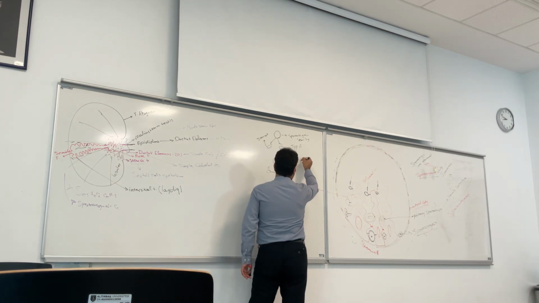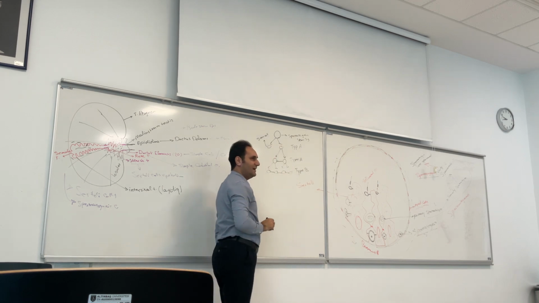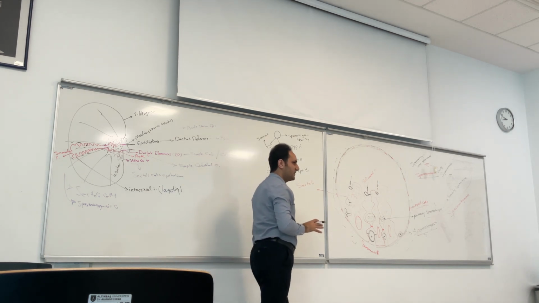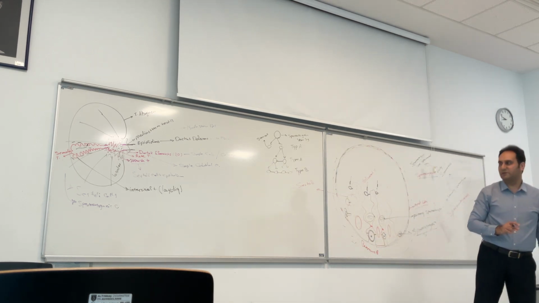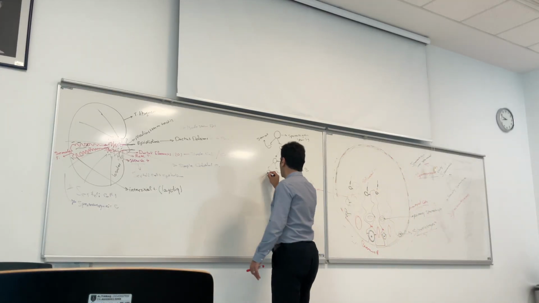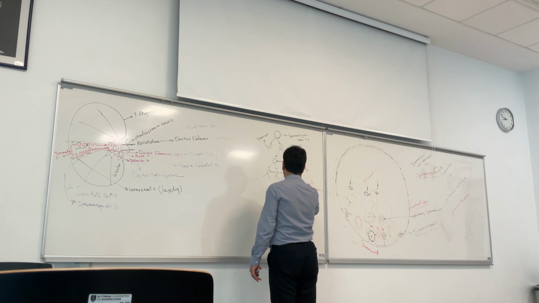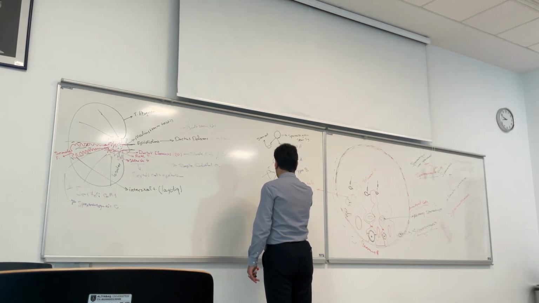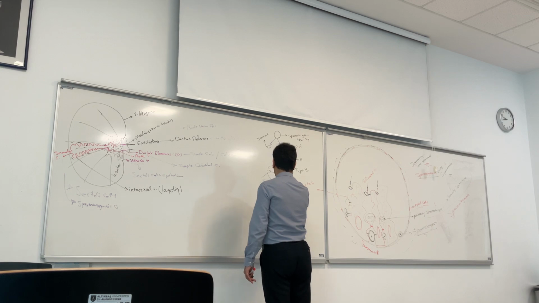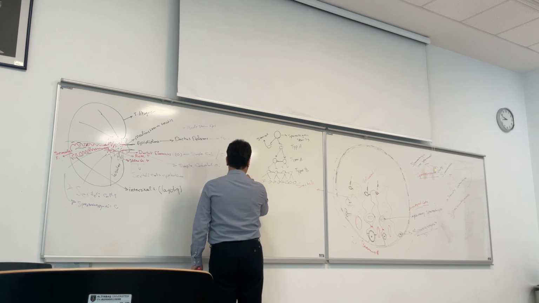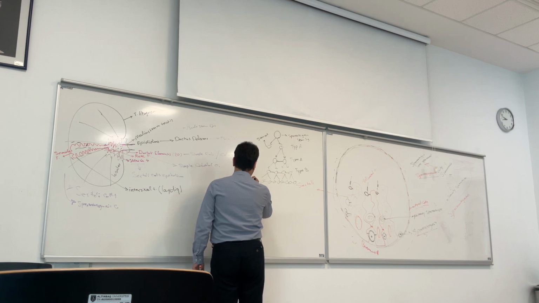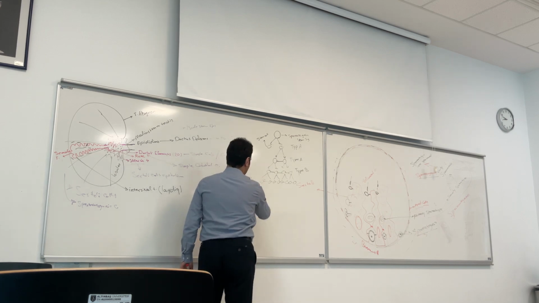Type A's form type B cells. Type B cells are our spermatogonia which are ready to start the meiosis division and form primary spermatocytes.